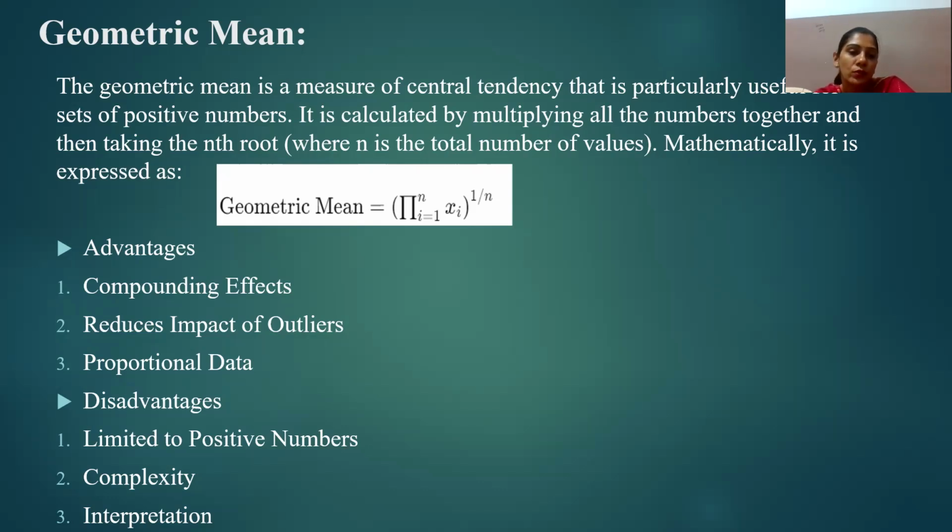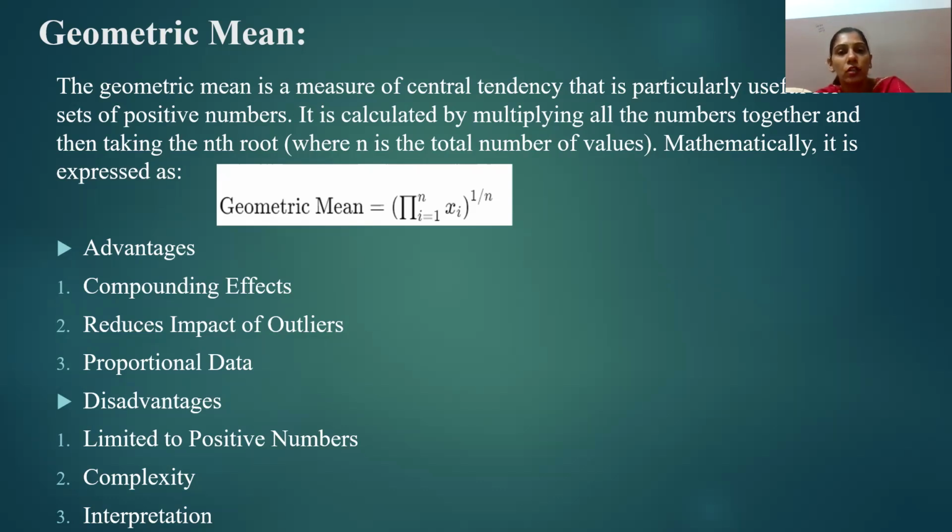Next is reducing impact of outliers. Geometric mean reduces the impact of very large or very small values compared to the arithmetic mean. The arithmetic mean is unable to reduce the impact of large and very small values in a data series, but geometric mean helps in reducing the impact of the outlier.